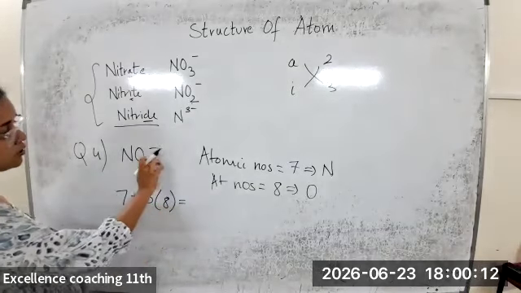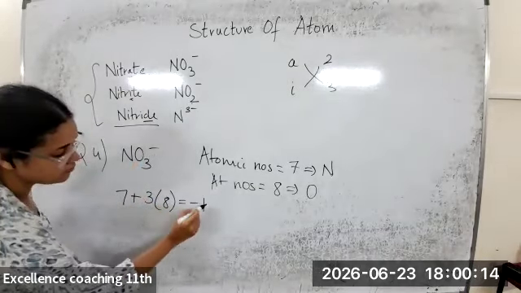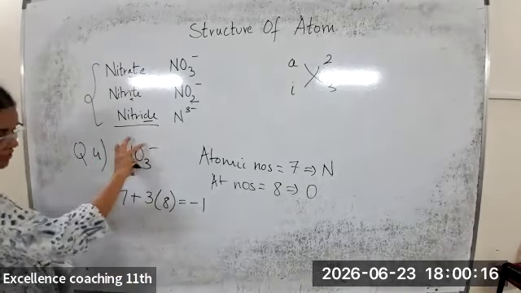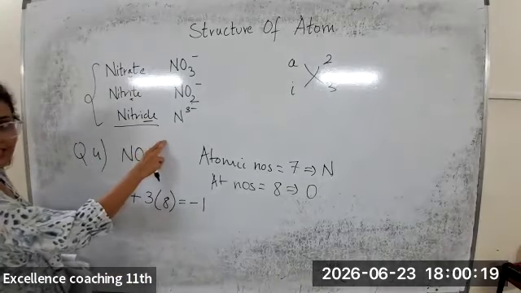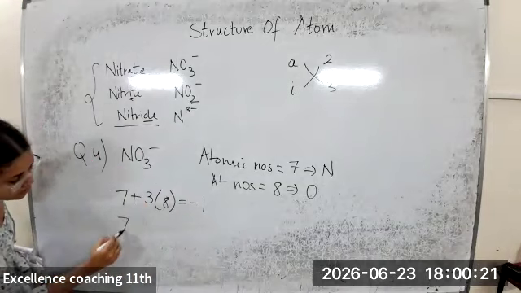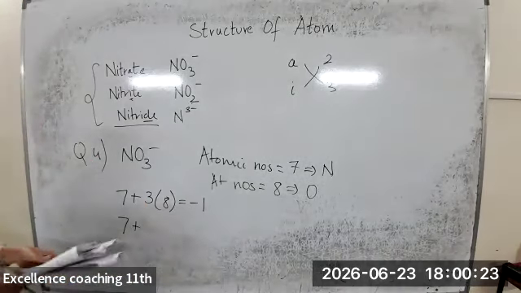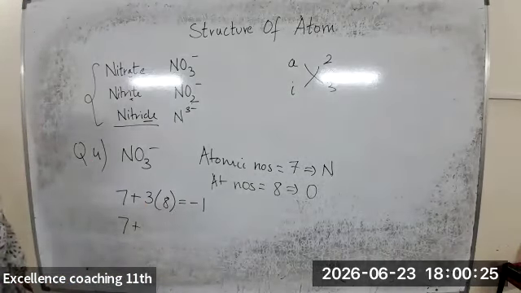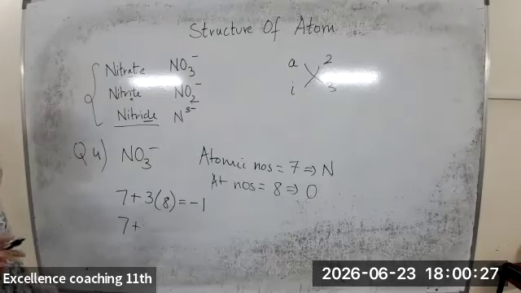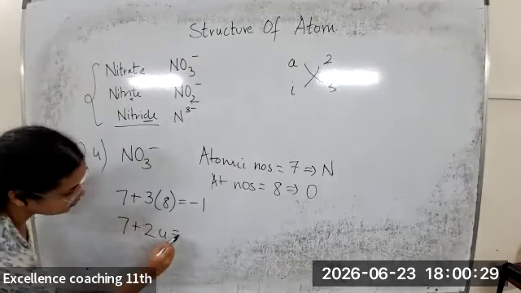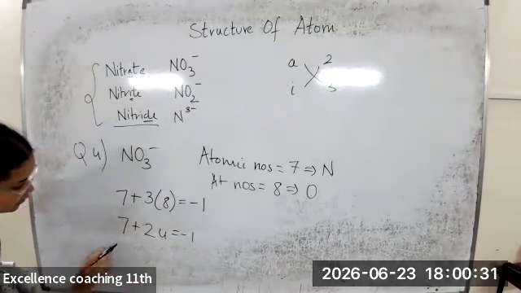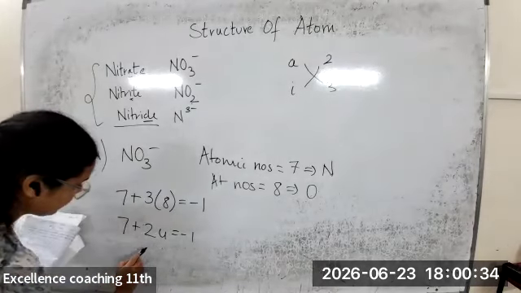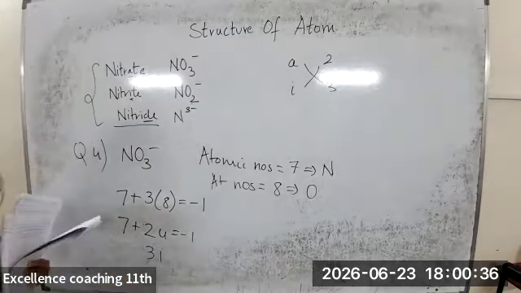This is negative, right? So the total number of electrons will be equal to the net charge. Now 7 plus 8 times 3 is 24, so this will be 31, right?